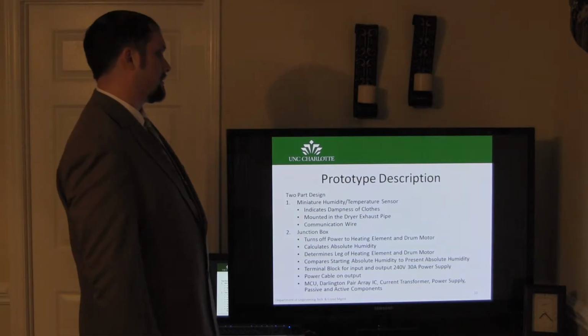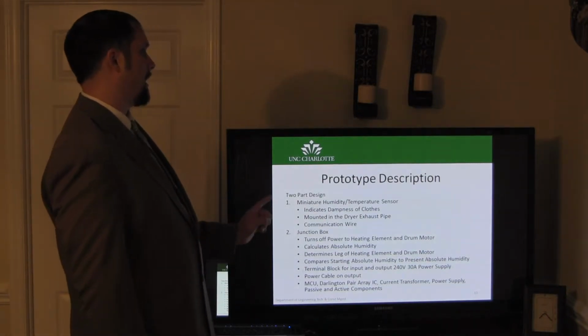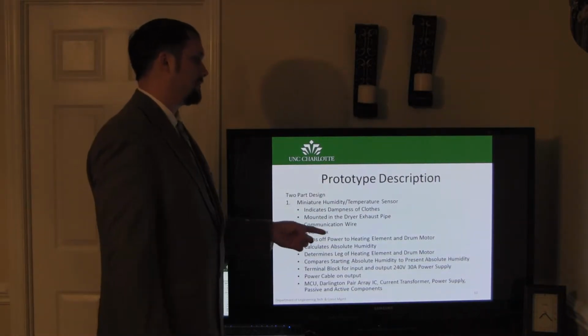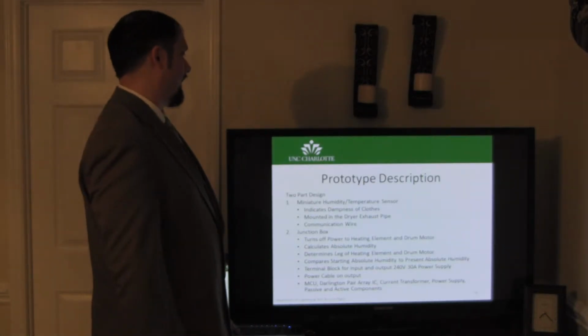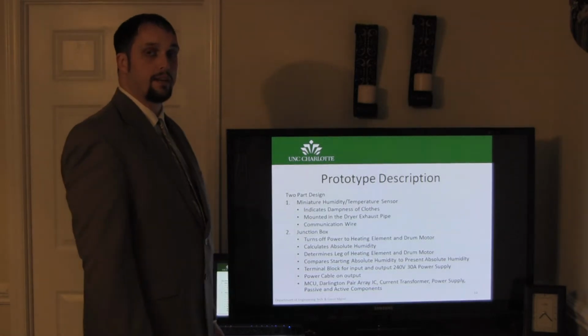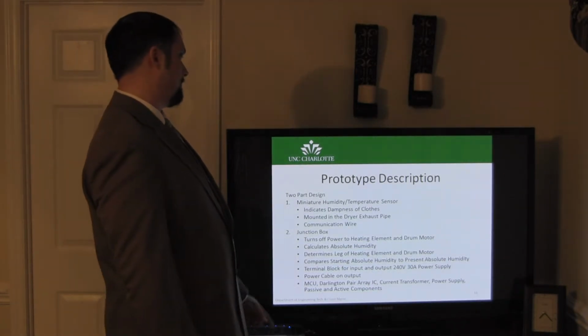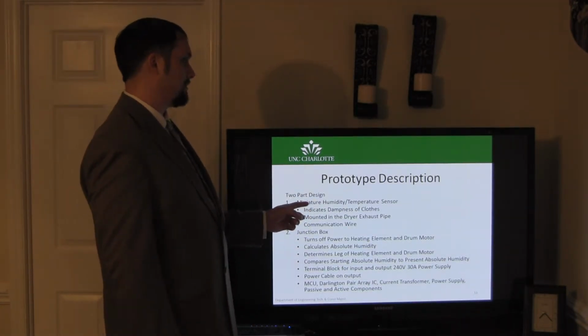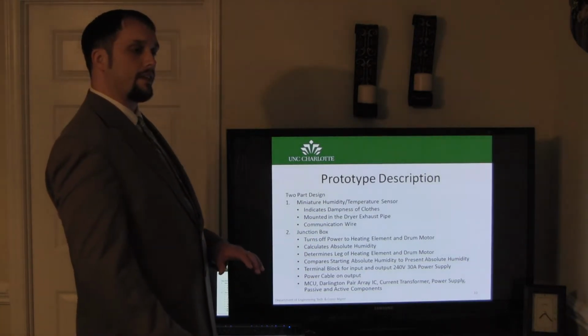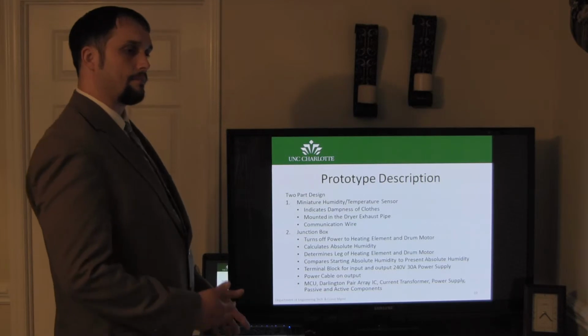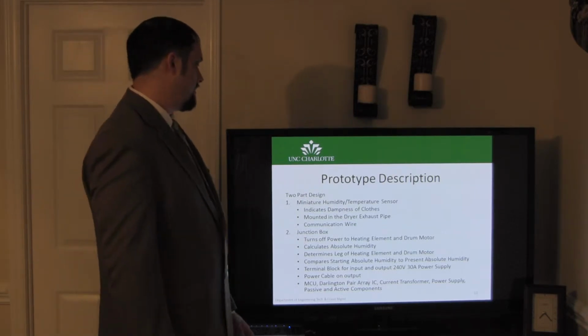This junction box turns the power off to the heating element and to the drum motor via 2 different relays, and it calculates the absolute humidity from the temperature and relative humidity variables, and then the electronics programmatically calculates that.